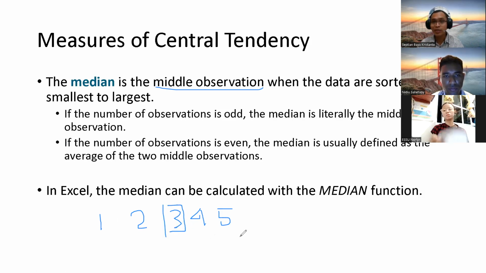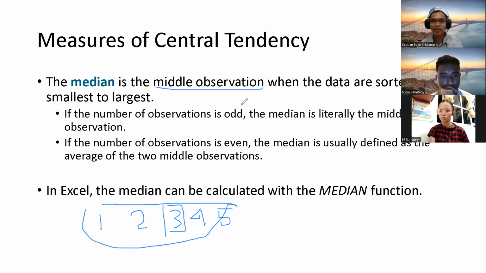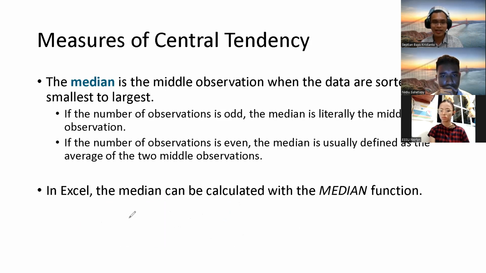The data are number 3, but it's not representing the mean or the average, since it's only the location in the middle of the data. Okay. But this is an odd arrangement, and it's different if you have an even arrangement like this one: 1, 2, 3, and 4.